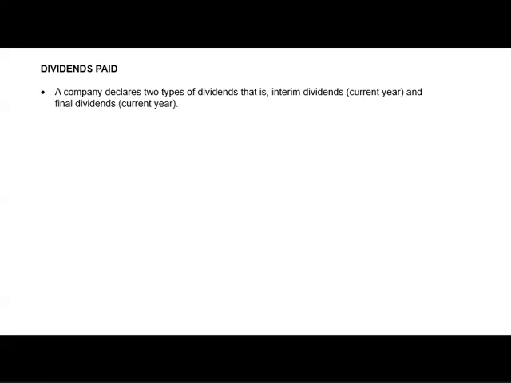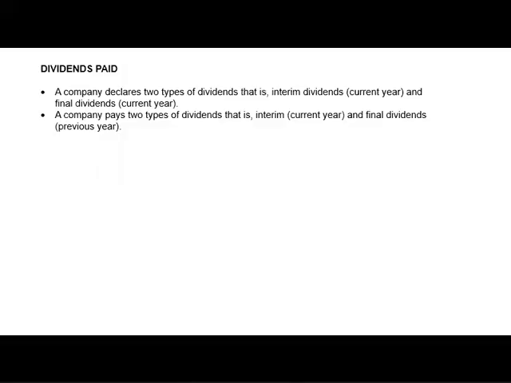Okay. The company pays two types of dividends: this year's interim dividends and last year's final. There's a difference between what I've just said right now, and I need you guys to pay attention to that. We declare two types of dividends, which are this year's interim plus this year's final. But the company only pays two types of dividends.